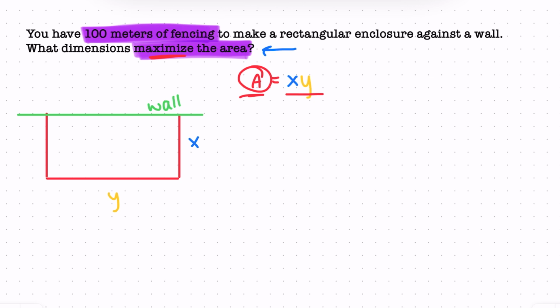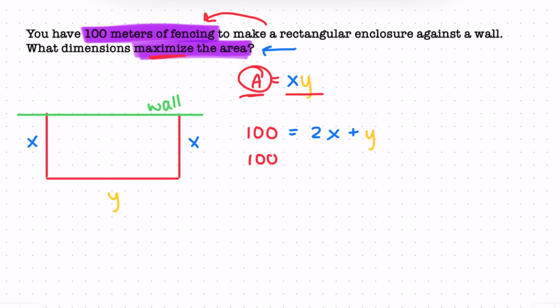So the easiest thing to do in this scenario is use that information that we're given in order to make a substitution. So we know that this red area can only be composed of 100 meters, which means that 100 is equal to 2x plus our y. Now we can solve for y here, so we can plug it into the equation.